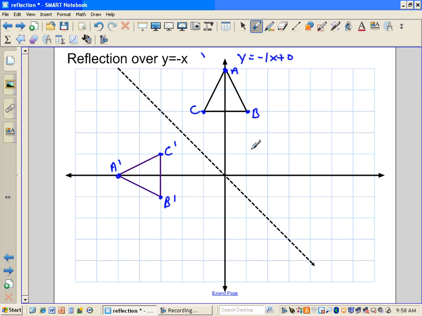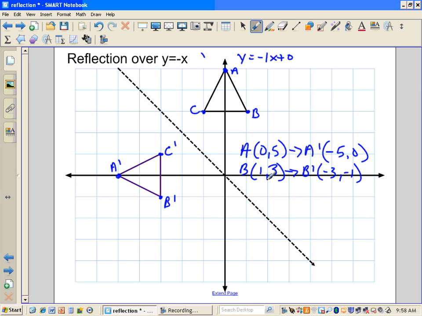A is (0, 5), and A prime is (-5, 0). It's hard to tell with the 0, so let's do another point. B is (1, 3). B prime is (-3, -1).